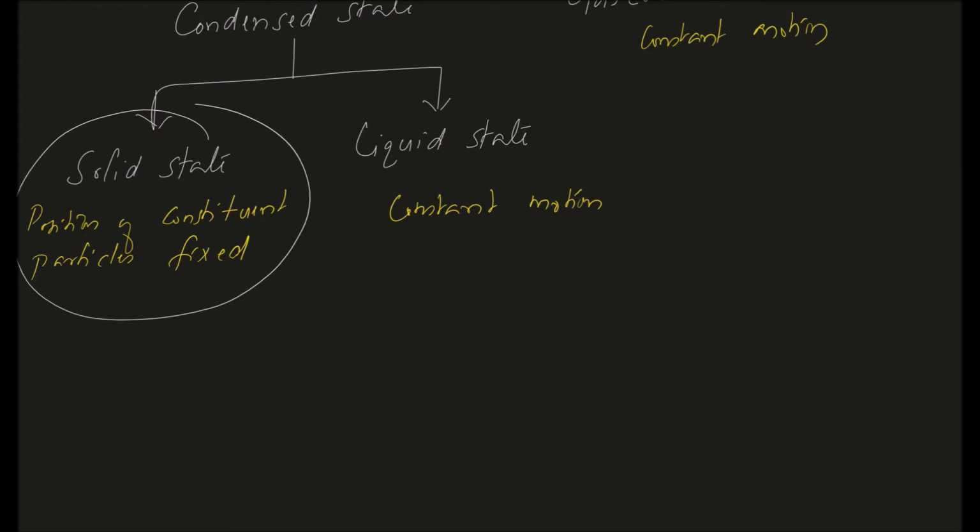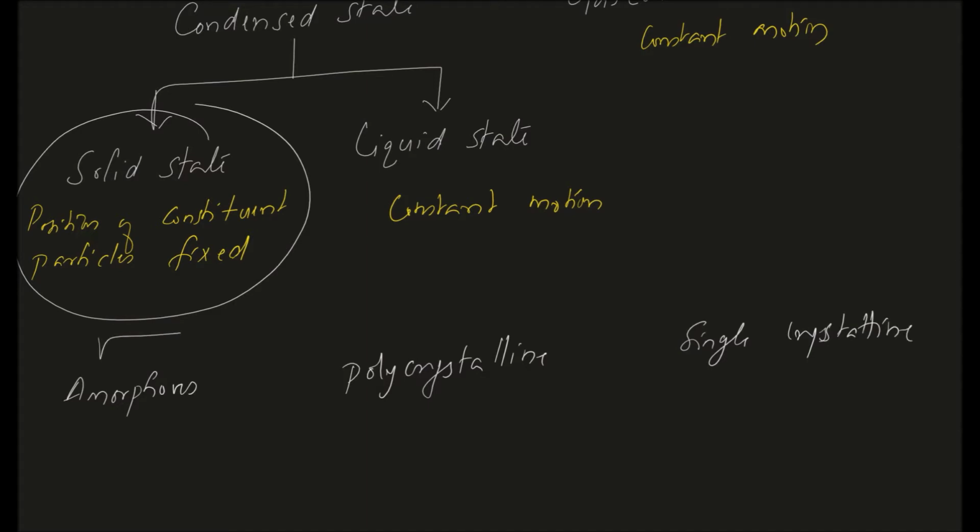So we have seen that the positions are fixed in the solid state, but the problem is that these fixed position particles may not be arranged in a well ordered manner. So depending on the size of the ordered region, the solids are further classified into amorphous, polycrystalline, and single crystalline material.